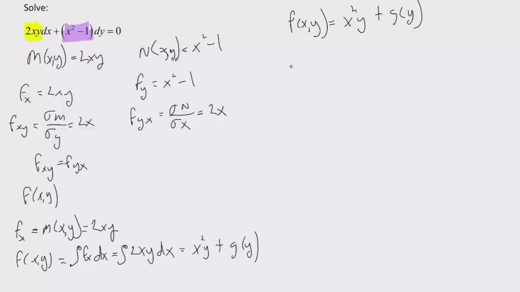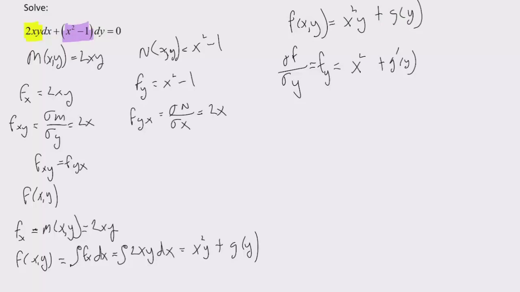So if I take the partial, right, that's that f of y, and I have an expression that already represents that. So then that gives me something to solve for to figure out what g of y is. Sorry, I just made a mistake up here. Okay, so the partial with respect to y would just be an x squared statement here, plus g prime of y.